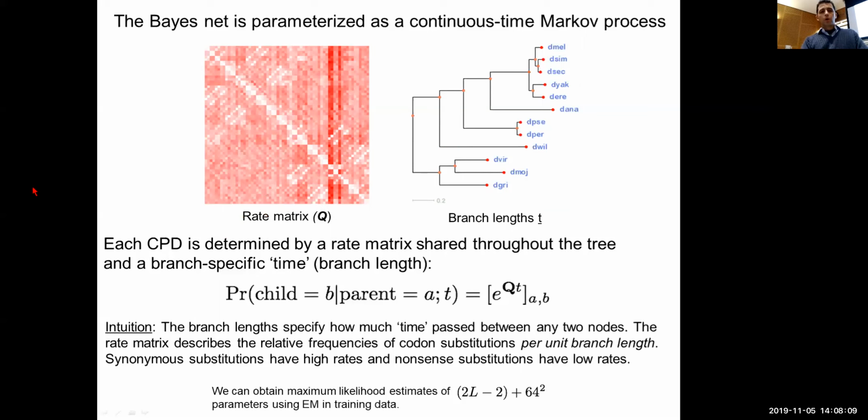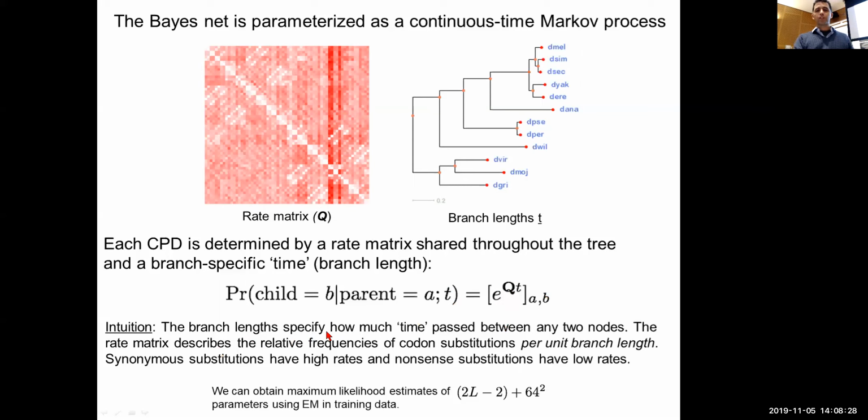Awesome. So what we want is the probability of the child, since it's a generative model, given the parent and given the time that has elapsed, which is the matrix raised to the power of t.